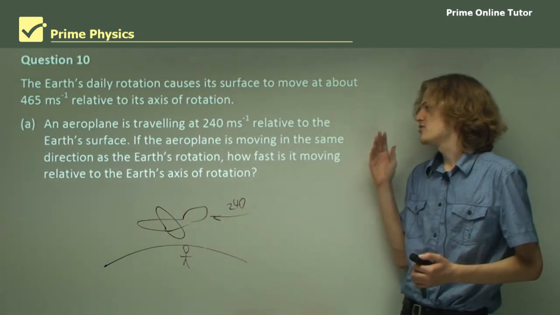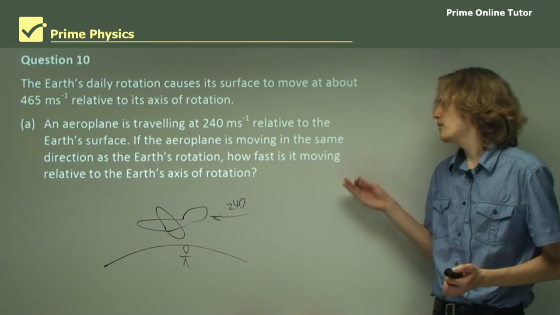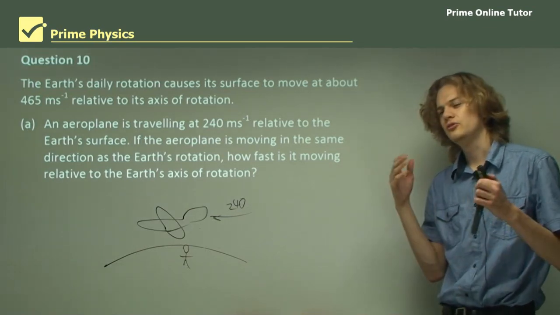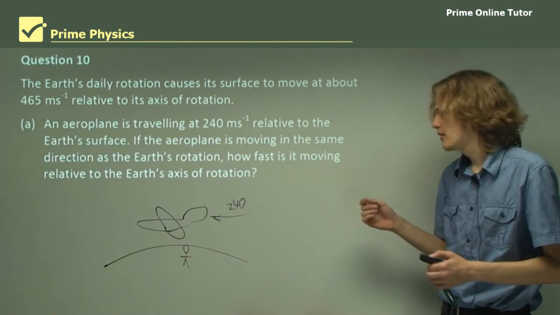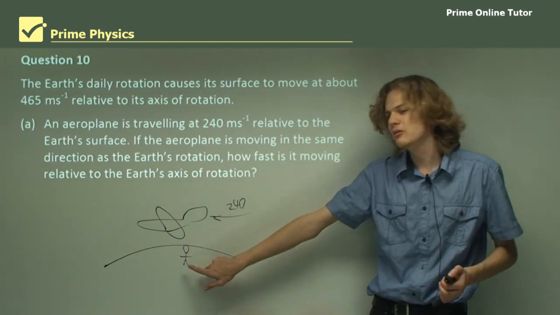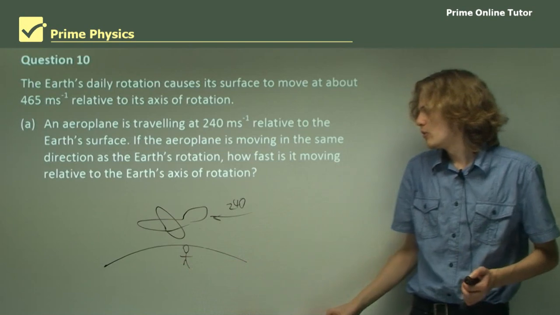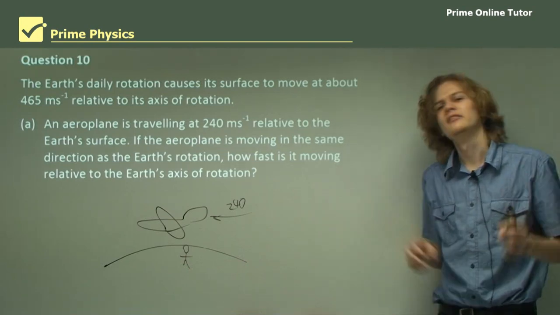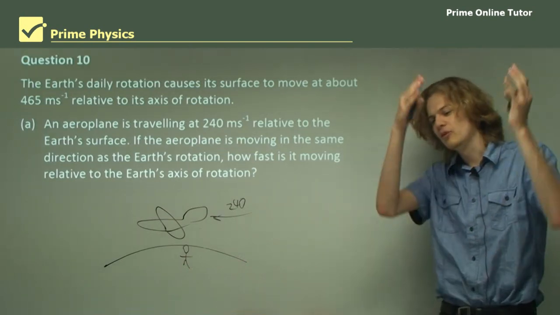Now, if the aeroplane is moving in the same direction as the Earth's rotation, how fast is it moving relative to the axis of rotation of the Earth? Well, this means that we're not viewing this from our little perspective here on the ground. We're viewing it from a stationary frame of reference in the middle of the Earth that's not rotating.